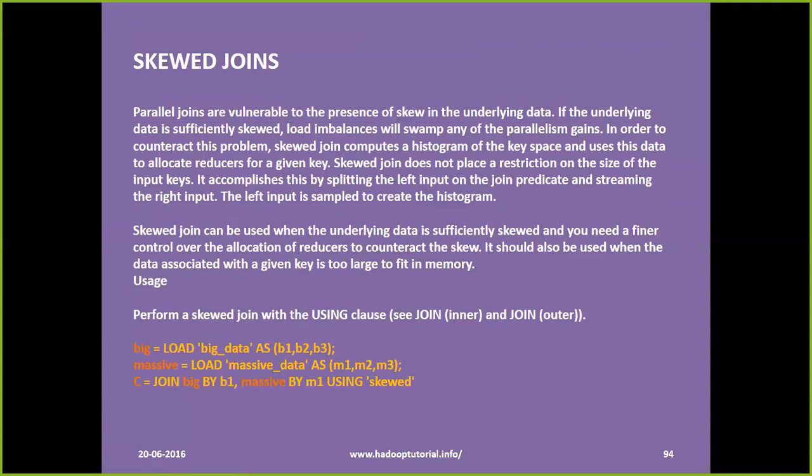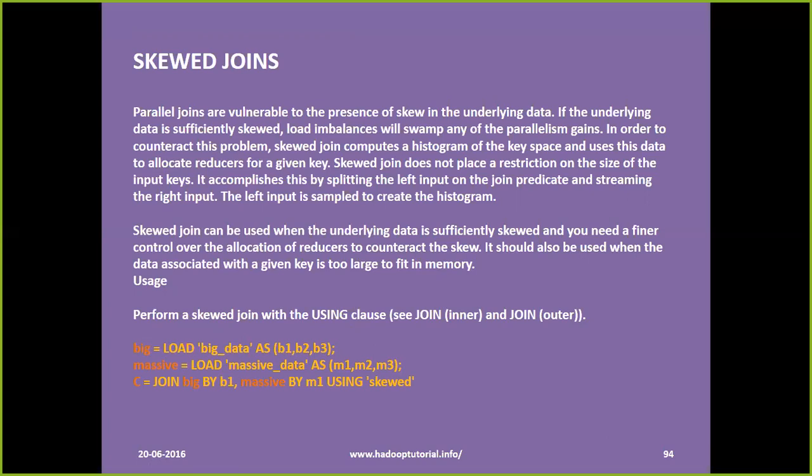If you are performing a join and there are similar key values, let's say you are joining by country name, two tables, and for larger countries like India you will find more records, and similar key values should be fed into one single reducer, right?